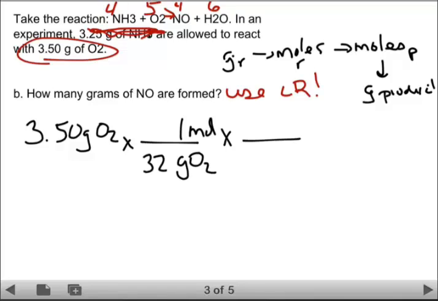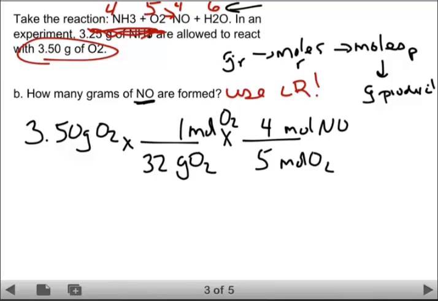Then, this is 1 mole of O2, so now I'm going to use my stoichiometric coefficients from my balanced equation up here in order to figure out for this many moles of O2, how many moles of product can be formed. My moles of O2 have to go down here because I want them to cross out. I'm going to have moles of the product of interest, which is NO, on top. Using my equation, I can see that this is 5 and this is 4, so that's moles.